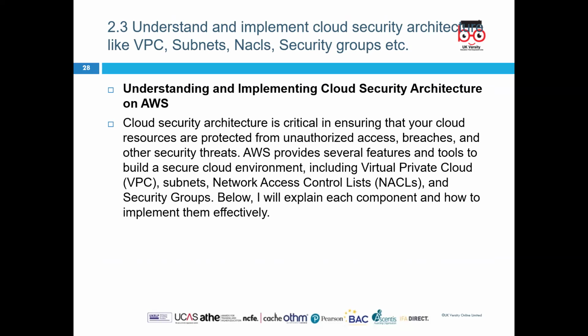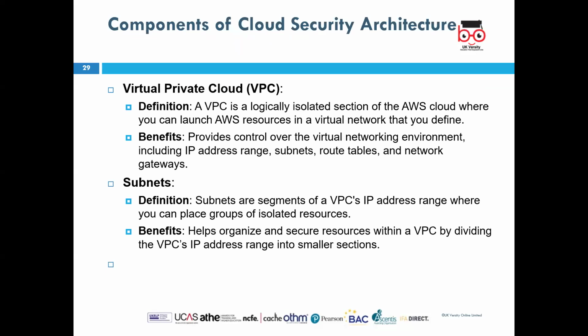Now let's look at understanding and implementing cloud security architectures like VPC, subnets, NACLs, security groups, etc. So we have virtual private cloud, VPC, which is a logically isolated section of the AWS cloud where you can launch your AWS resources in a virtual network that we define.